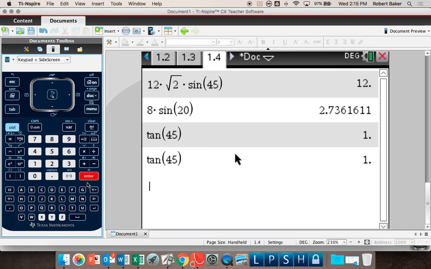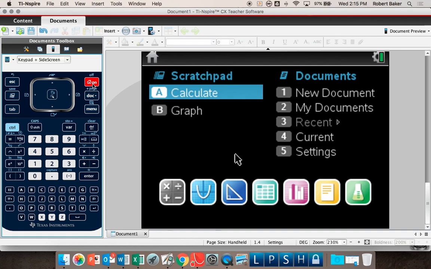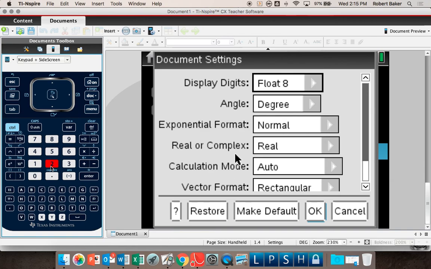You can't just expect the calculator to be in the right mode. Look right here. What does mine say? DEG for degrees. And you're at RAD for radians. Home, 5, 2. Does it say degrees right here?